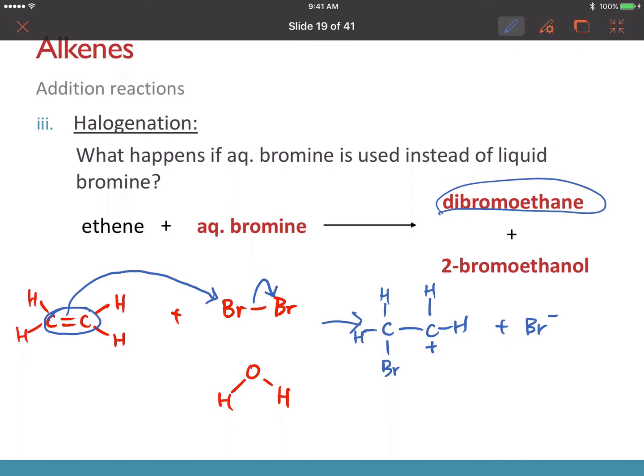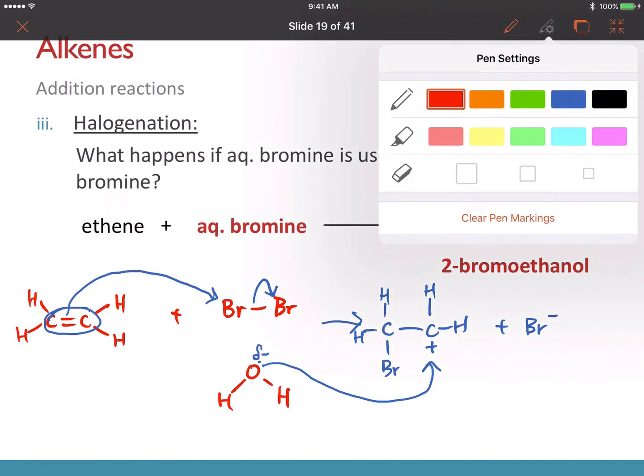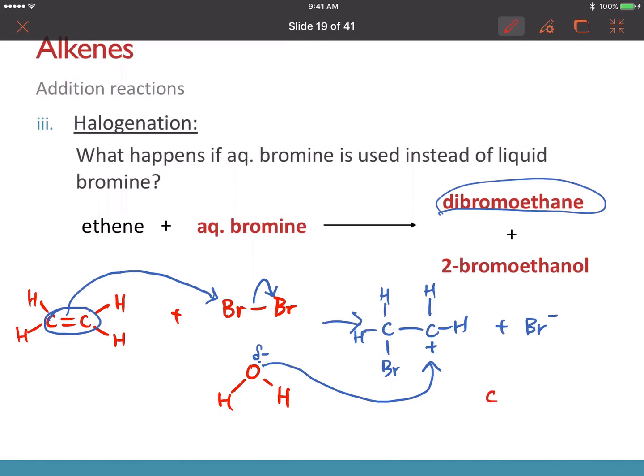Okay, but water, remember water is a polar molecule, so the oxygen is slightly negative. Since water is the solvent, it is present in huge amount, so it's more likely that this intermediate will meet a water molecule. So what will happen if they meet a water molecule is that you'll get this.